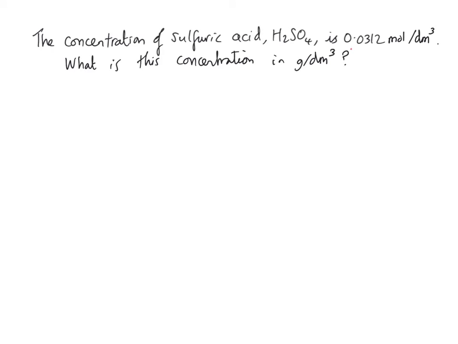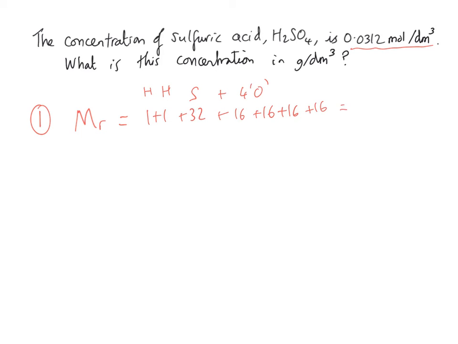So we know the concentration in moles per decimeter cubed, and so our two steps, the first step is to calculate the MR of sulfuric acid, and the MR is 1 plus 1 for those two hydrogen in H2SO4. The S is 32, the 4 oxygen is 4 lots of 16. And when you add all of those things together, we should get 98.